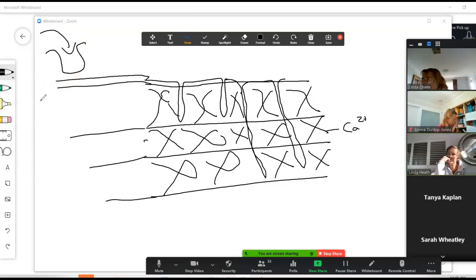Crosses over the neuromuscular junction, releases the acetylcholine. Okay, so before it can cross, what does it need to do? Stimulate the production of acetylcholine. Okay, so you've got little vesicles here that have got acetylcholine in them.